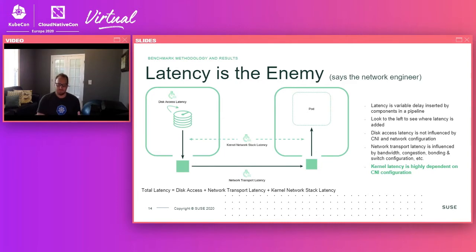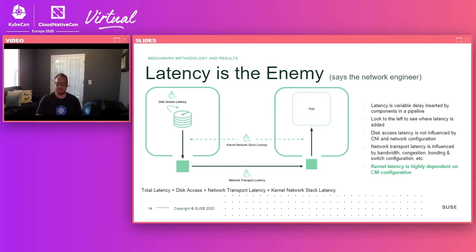bullet point is network transport latency. Now, this is the latency that's going to be incurred by emitting a packet on the network, having it traverse your top of rack switch, maybe a couple of top of rack switches, maybe a router. Depends on your setup.